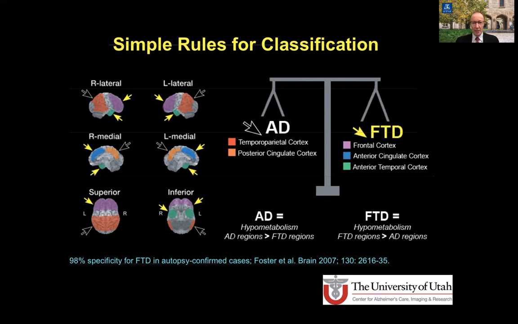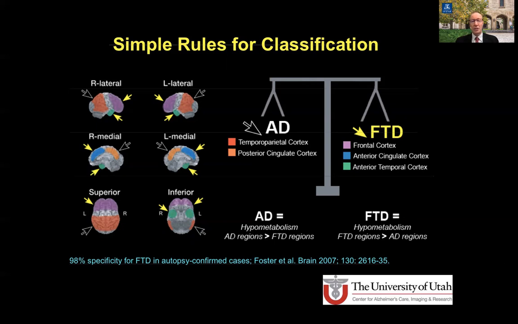In one paper that did this very simple maneuver, they claimed in autopsy-confirmed cases of frontotemporal dementia that they had 98% specificity. A little hard to believe, but it's a nice little trick to use when you're uncertain about a diagnosis. Generally when patients are referred, the referral quite often says query FTD, query AD.